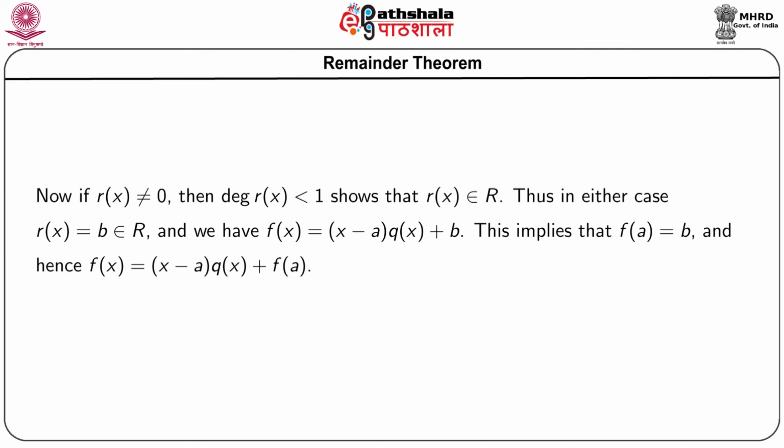Replacing b by f(a), we get f(x) equals (x minus a) q(x) plus f(a). Here again we wish to recall that the result states only about the remainder when a polynomial f(x) is divided by a particular form of polynomial, namely x minus a.